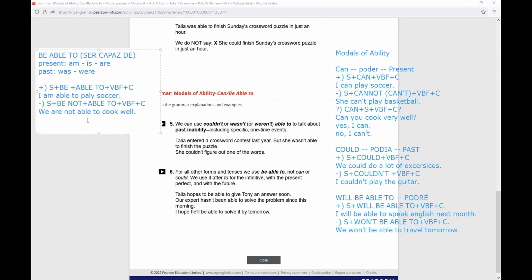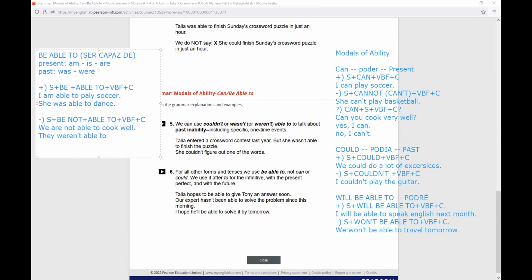¿Listo? Si quisiera hablar algo en pasado, digo, for example, in affirmative, she was able to dance. Ella era capaz de bailar. In negative, they weren't able to come early.